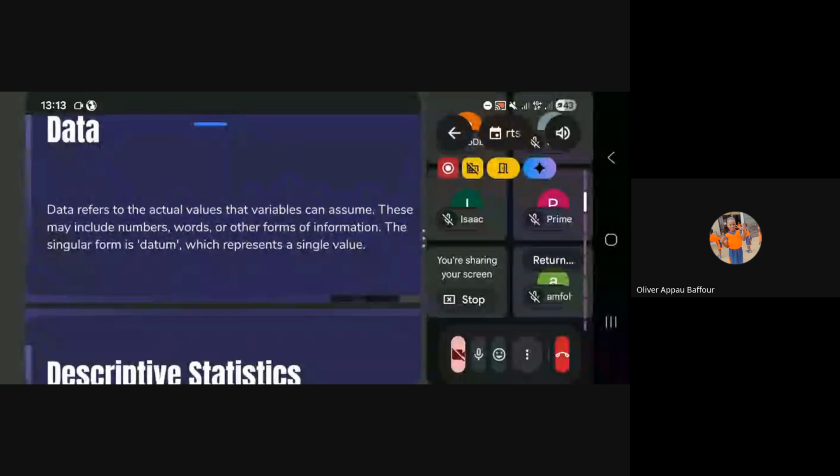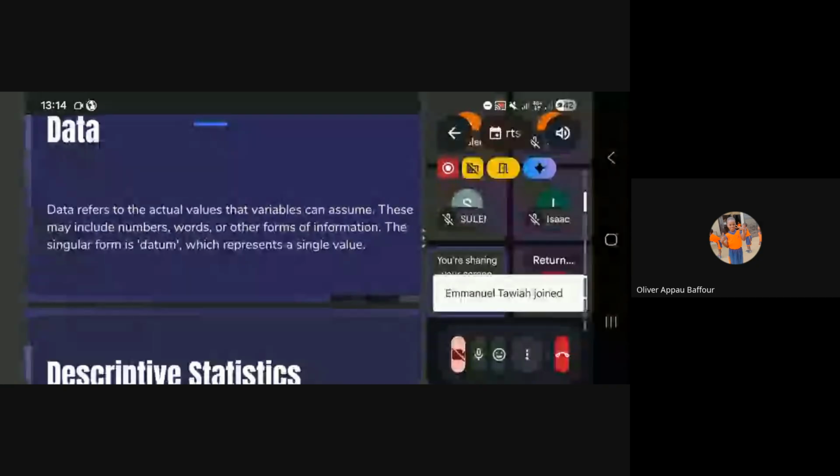Those values are the data. Excellent. So when I talk about the examination score against the names of the students, those are the variables. But when I start listing the scores of the individual students, Kofi got 20, Amma got 10, I got 25, that is what we call the data.